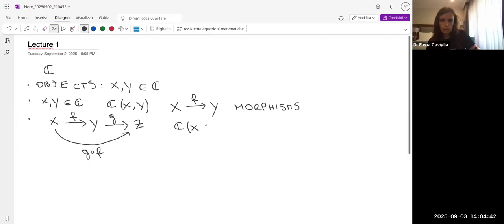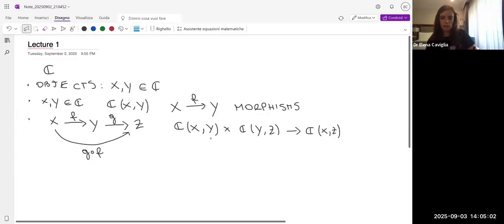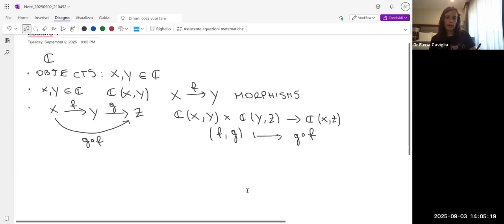If we fix X, Y, and Z, we have a function from C(X,Y) cross C(Y,Z) into C(X,Z). This function sends the pair (f,g) to the composite g∘f. This is our composition, and we have similar functions for every X, Y, and Z, of course.